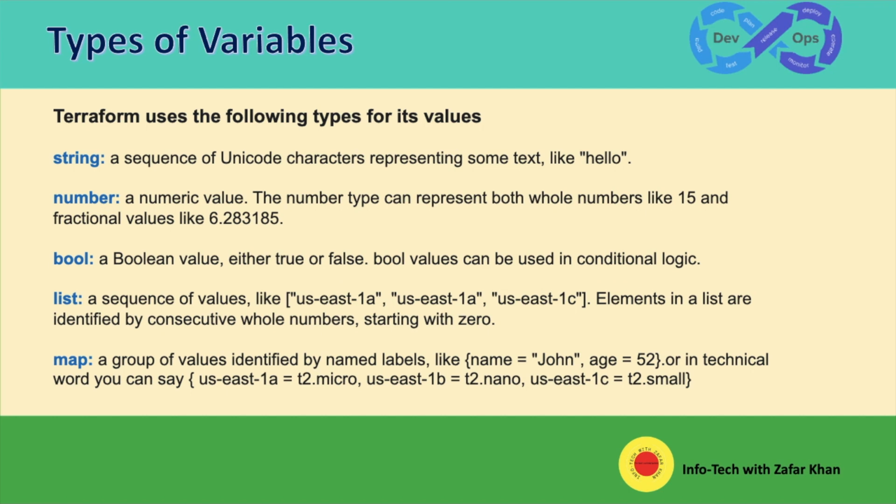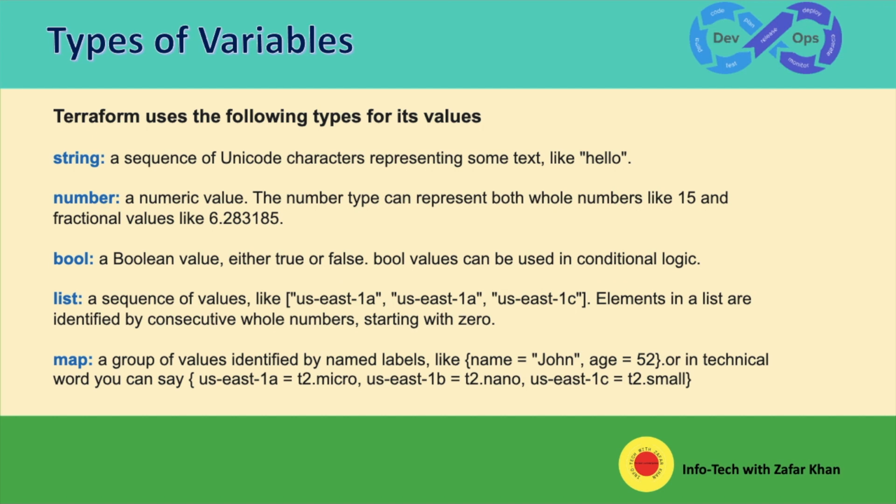There is another variable called list, a sequence of values like us-east-1a, us-east-1b, us-east-1c. The elements in a list are identified by consecutive whole numbers. So we can identify the first one with 0, the second one with 1, the third 2, the fourth 3, and so on.